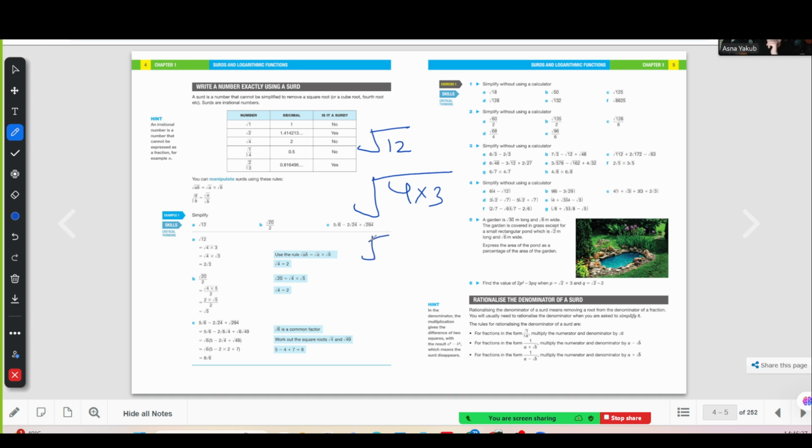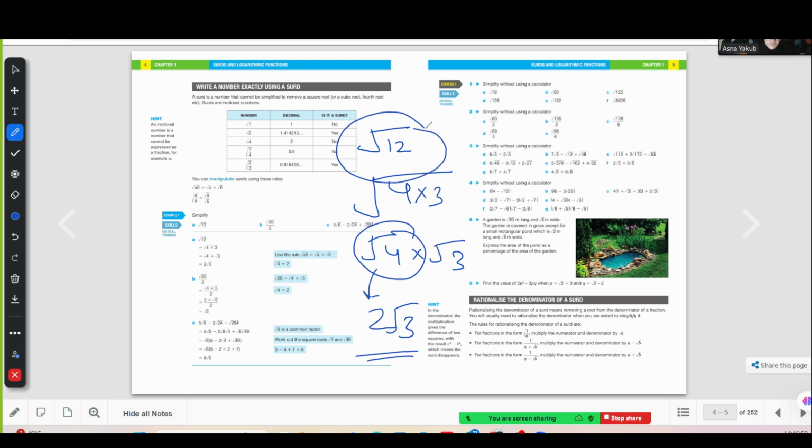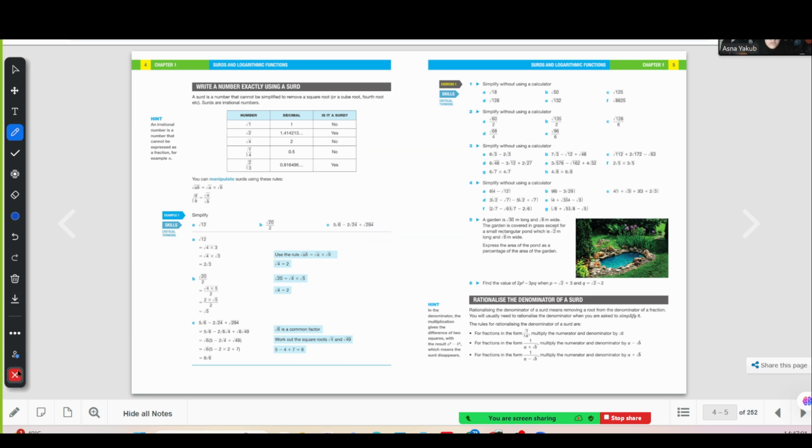And square root of 4 times square root of 3, we can write them like this, right? And square root of 4 gives us a number without square root, it is a perfect square number, so 2 square root 3, right? So when it is a smaller number, we can directly break it into two numbers, one of them should be a perfect square. And if there is a bigger number, use the factorization method.